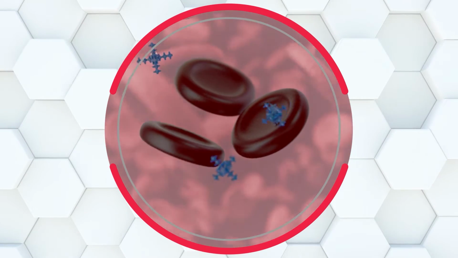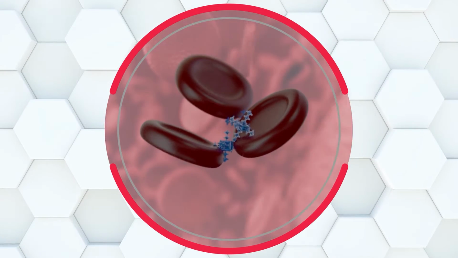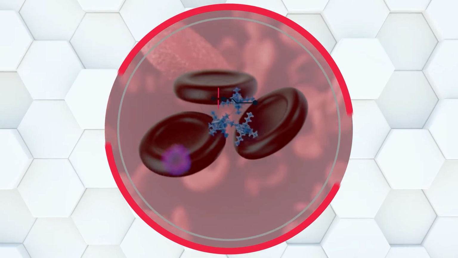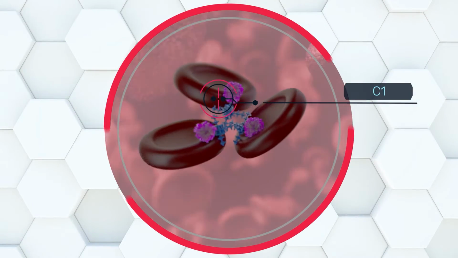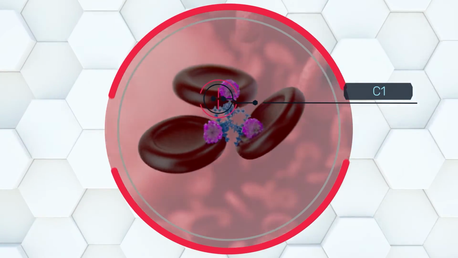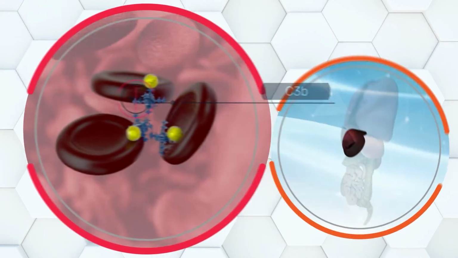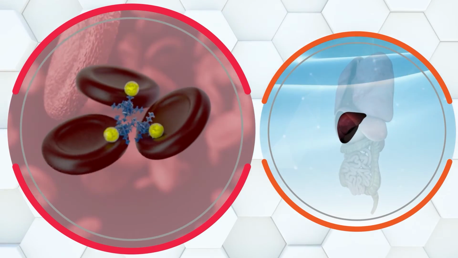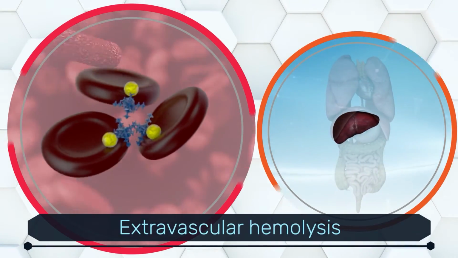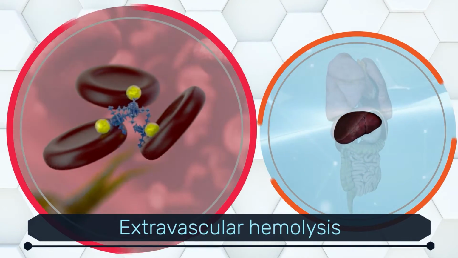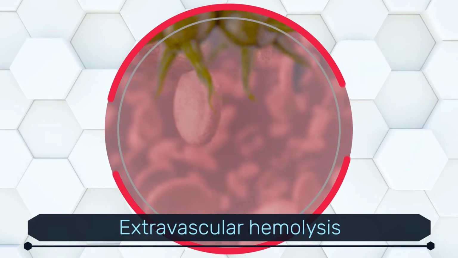The short-term presence of the antibodies on the red blood cells forms a complex that activates the classical complement pathway. The activation starts with C1, initiating a cascade of immune responses. Next, complement C3b binds to the red blood cells, marking them for destruction, which may occur in either of two different ways. The first way is that the marked red blood cells undergo phagocytosis in the liver, where monocyte macrophages cause extravascular hemolysis.